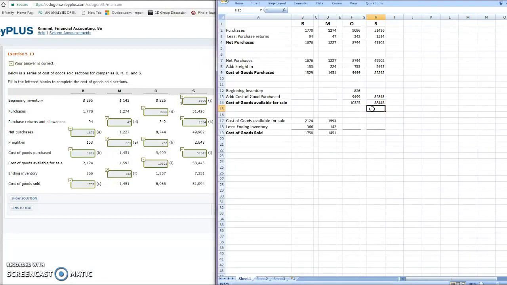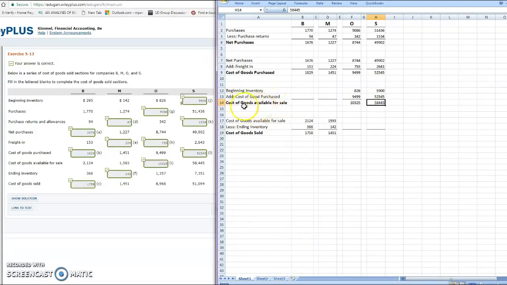So what we're going to do, we'll take our cost of goods available for sale and we will subtract our cost of goods purchased. And that gives us our beginning inventory of $5,900.